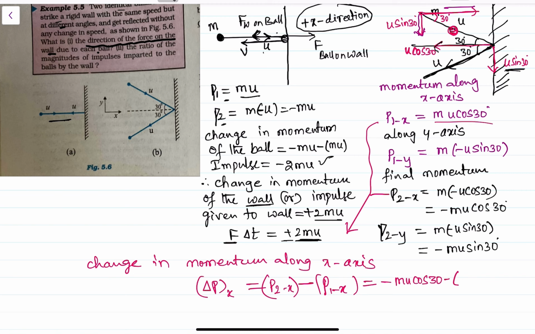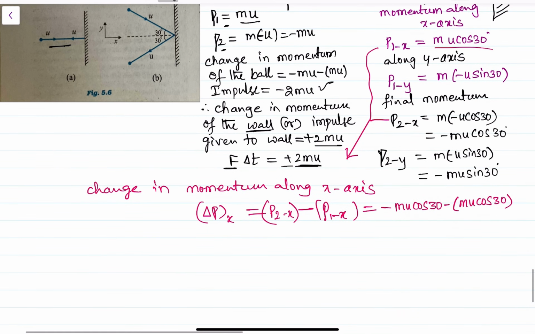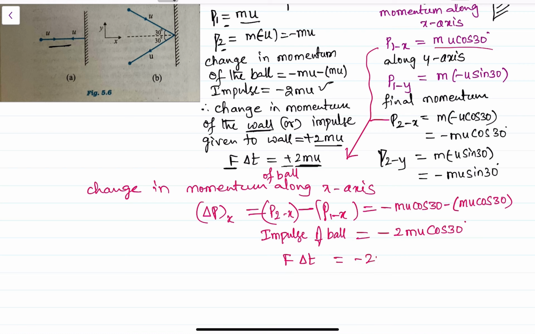P1x is mu cos 30. So you will get minus mu cos 30 minus mu cos 30, which is minus 2 mu cos 30. This is the change in momentum, or impulse, of the ball. Impulse is F delta t, equal to minus 2 mu cos 30. So this change in momentum is along the x-axis.